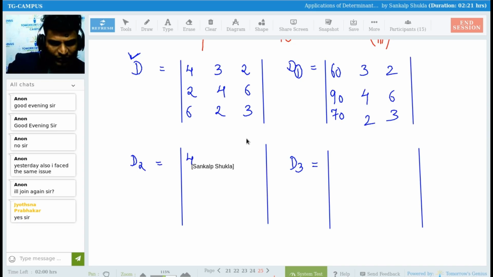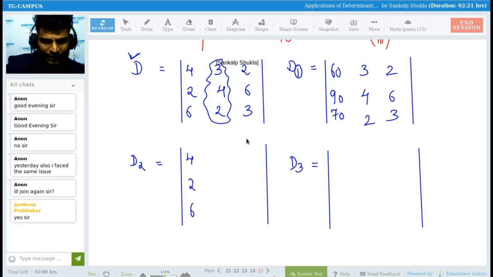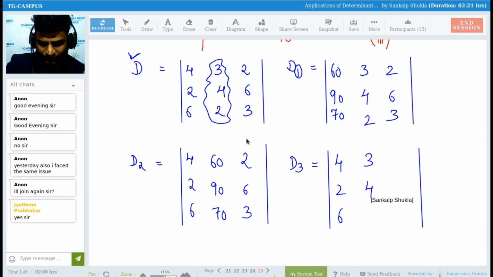So in D2, 4, 2 and 6 are written exactly as they are, but instead of the second column, 3, 4, 2, I'll write 60, 90 and 70. The third column remains the same, 2, 6, 3. In D3, I write 4, 2, 6, first column exactly the same, second column exactly the same, but instead of the third column I write my answers, 60, 90 and 70.